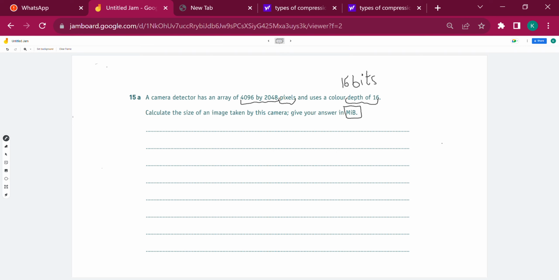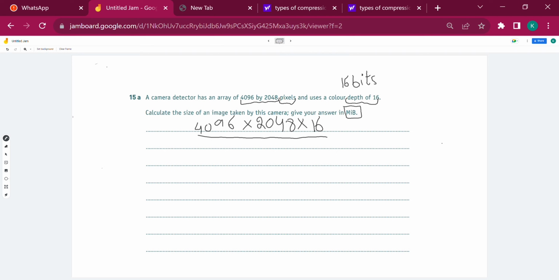So now we are going to refer to our previous example. First of all, I'm going to write the resolution here. This is 4096 into 2048, and color depth is 16 bits. I need to convert this bit into bytes.